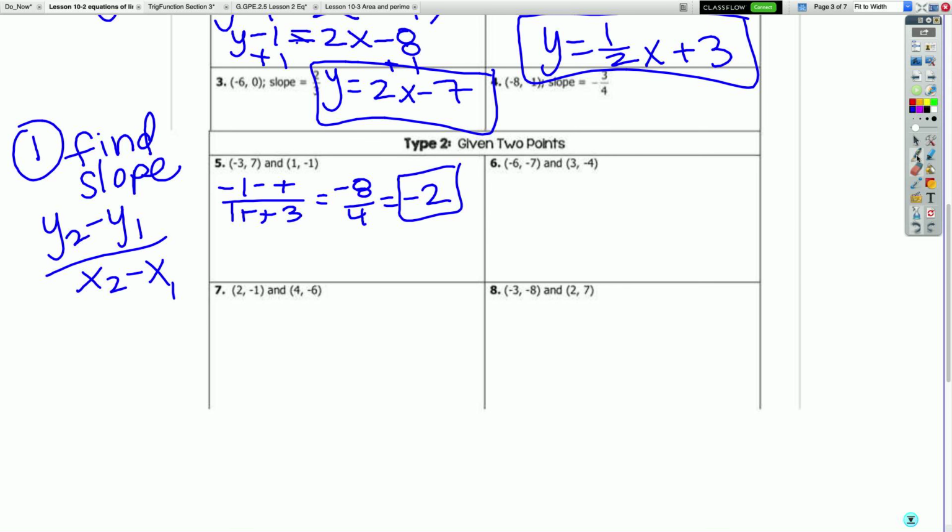That's our y minus y1. So choose whichever point you want. You should still get the same answer either way. Choose a point and plug it into our point slope formula. Choose one of those and plug it in, just like we did at the beginning.